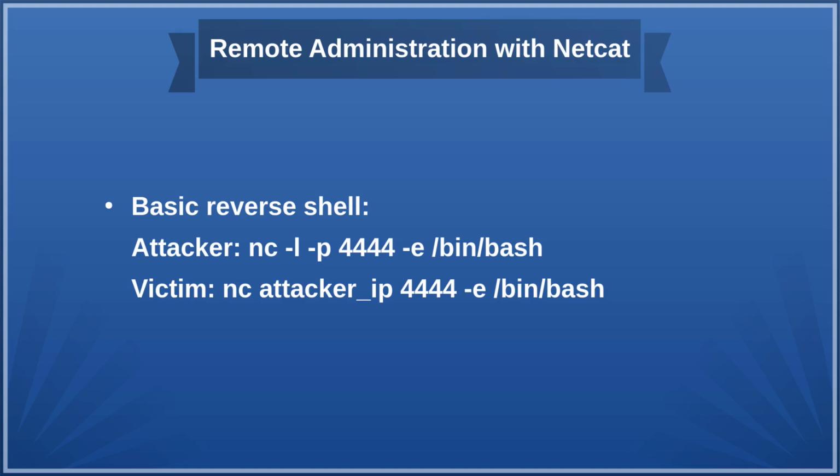This technique is often used in CTF capture the flag challenges and real-world attacks. However, many security tools can detect Netcat, which is why attackers often use its more advanced alternative, which is Socat.